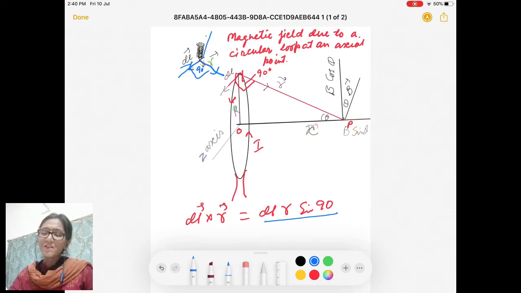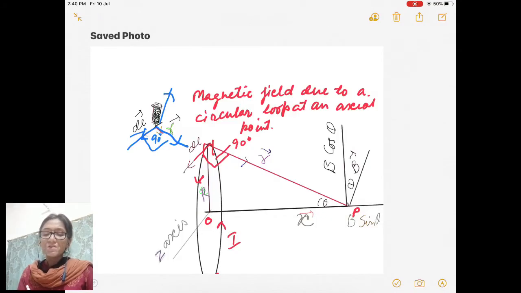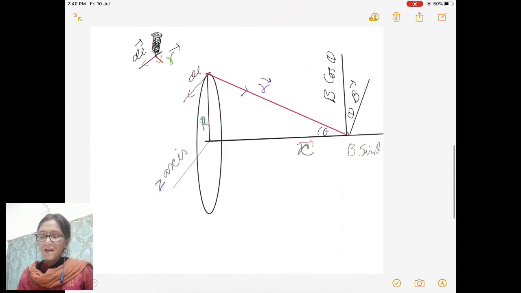So dl cross r will have a direction perpendicular to both dl and r and in upward direction. So this is about dl cross r.